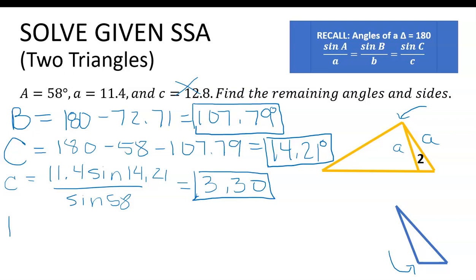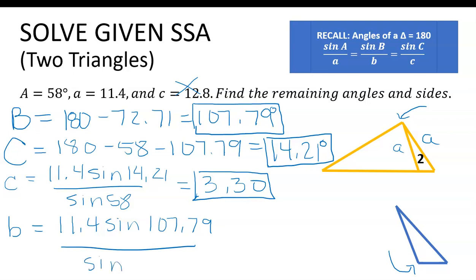And then we still have to find side B. So we will set this one up, 107.79. Multiply the two you know in the proportion and divide by the third one. And here you will get 12.80.